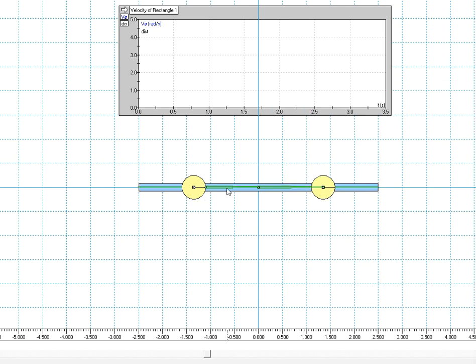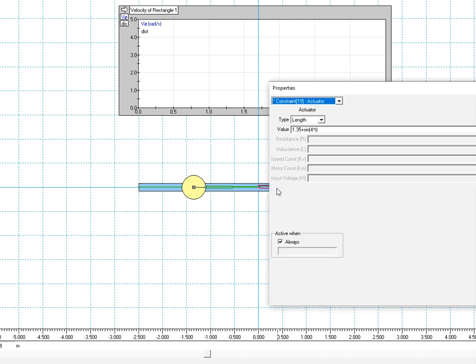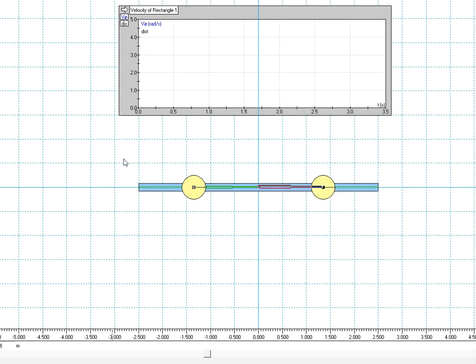And then I have two actuators that do the same thing and change the length harmonically. If I hit run, you'll see this accelerating or slowing down depending on the mass moment of inertia of the system.